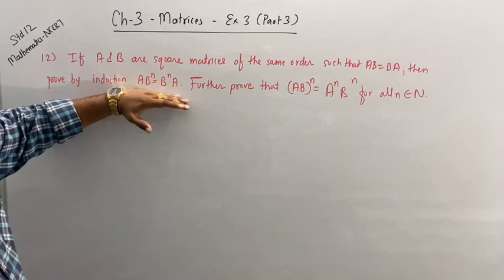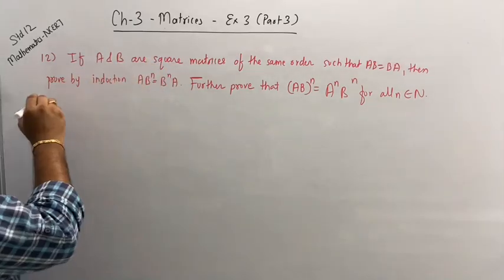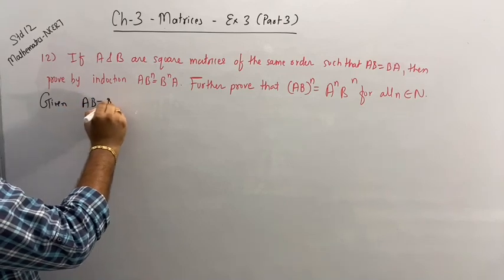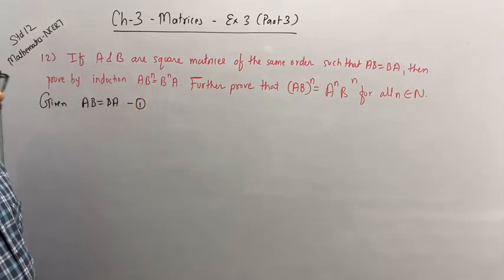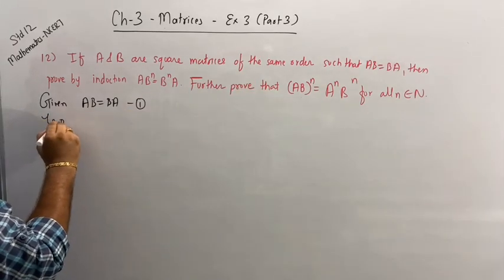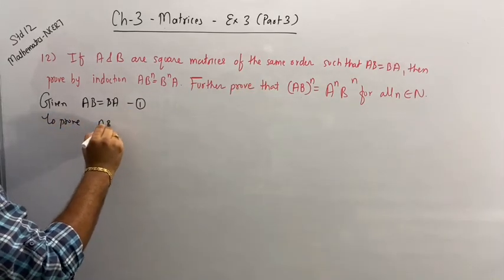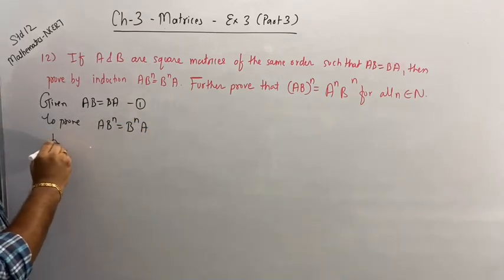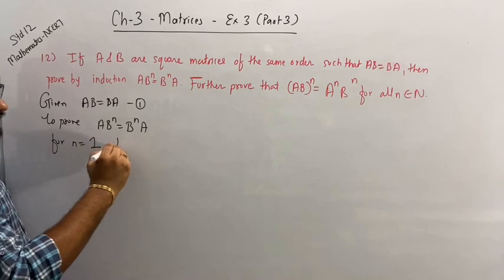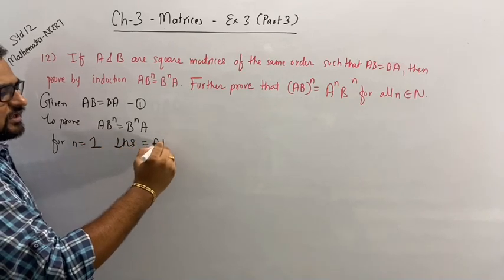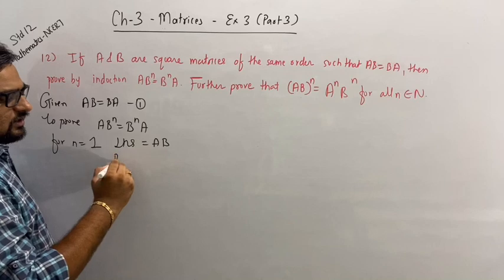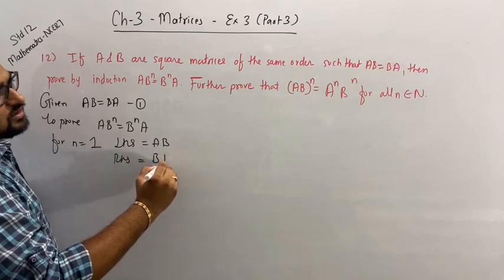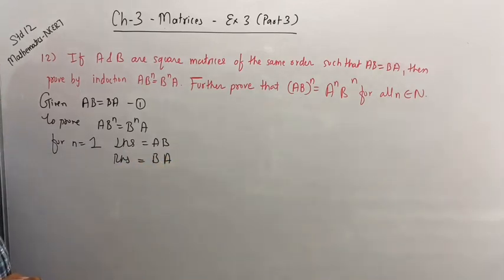Right? We have to use the principle of mathematical induction. But what is given? AB equals BA. Now to prove AB raised to n equals B raised to n into A. So for n equal to 1, LHS is AB raised to 1, RHS is B raised to 1 into A. Clear?